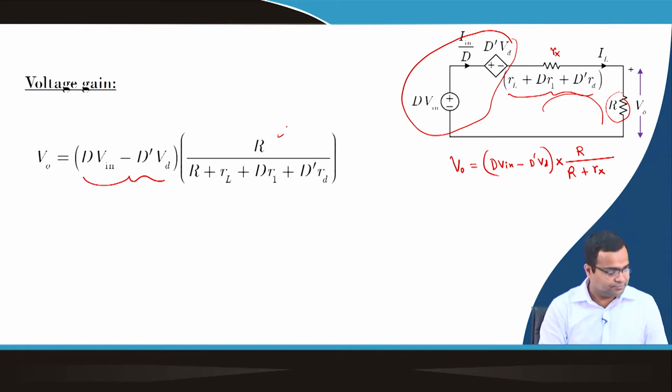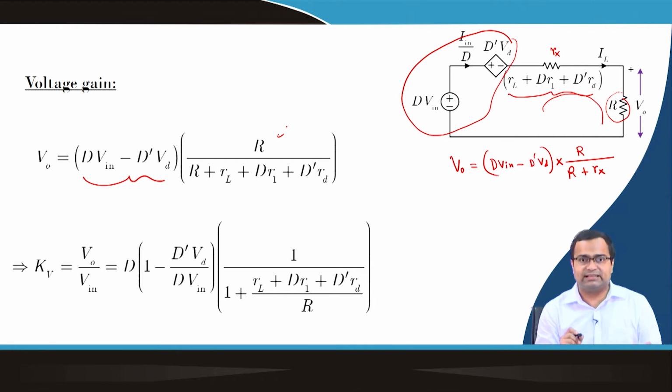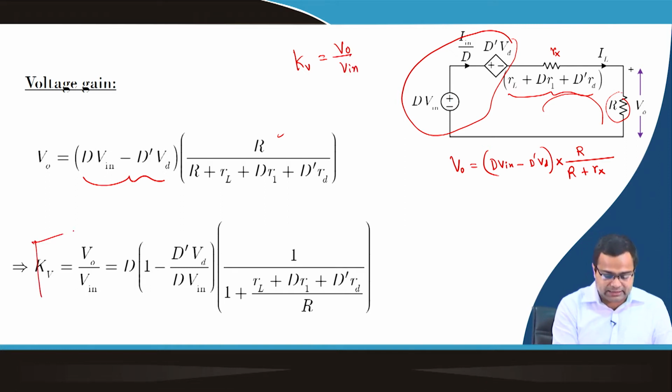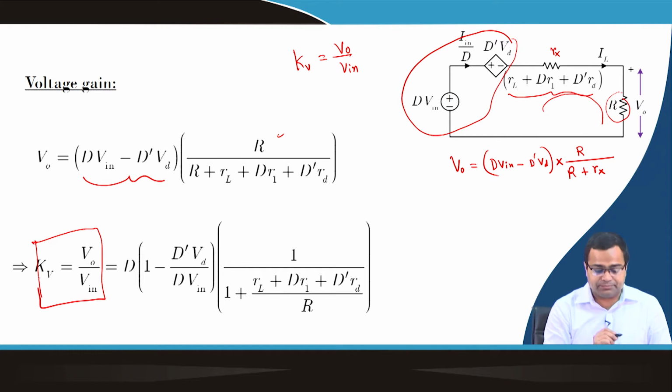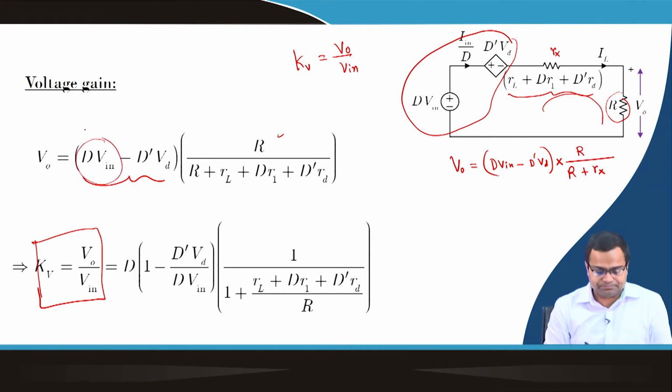Then what is the voltage gain? We know the voltage gain of any DC-DC converter is the output voltage by input voltage, right. So, if you take V in out of this particular term, what you will get? First of all, you take D into V in at the beginning, right.